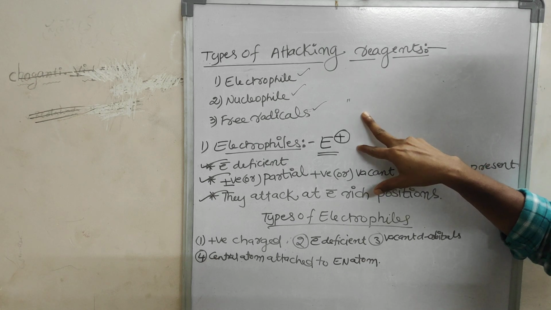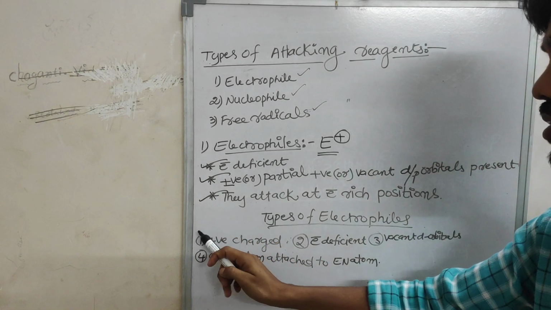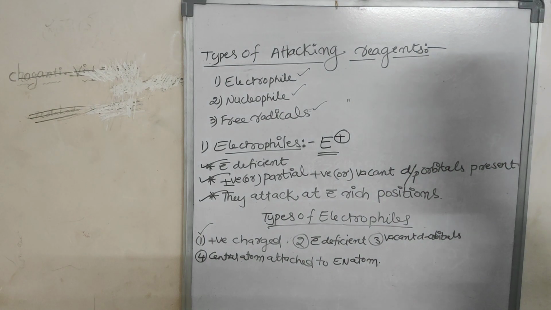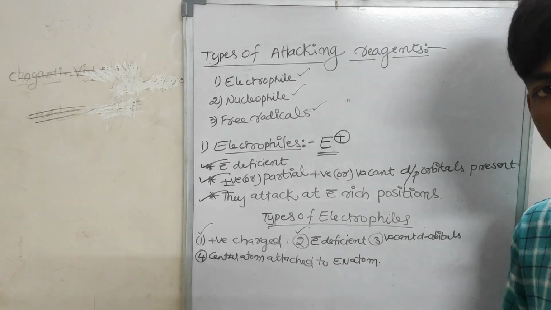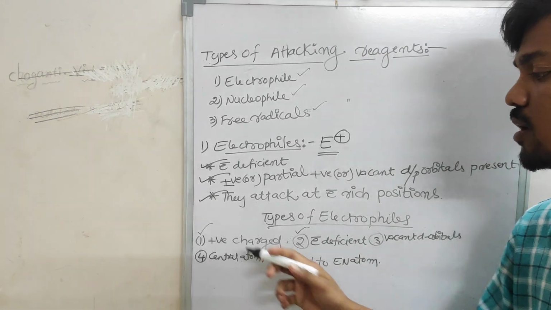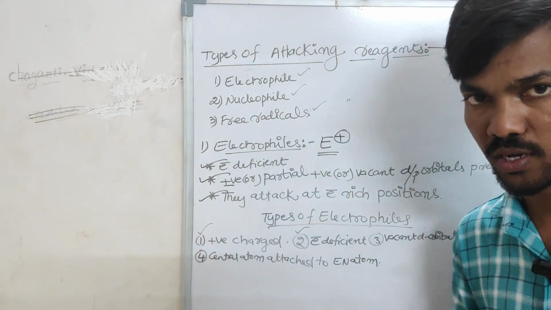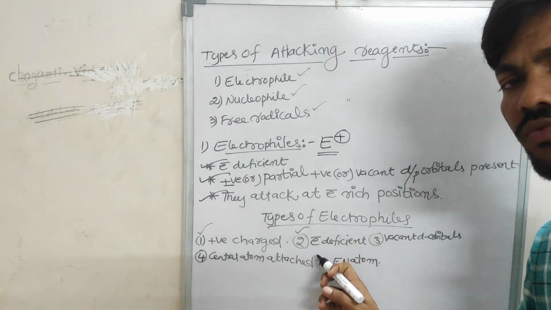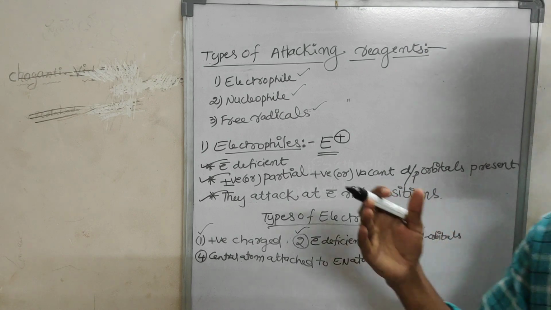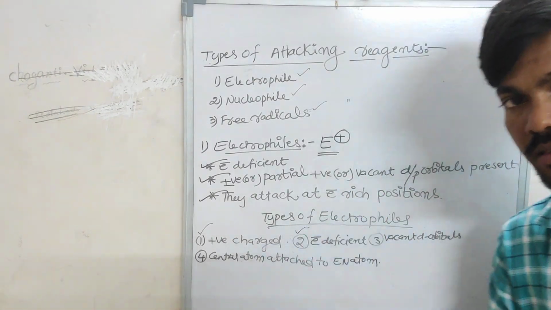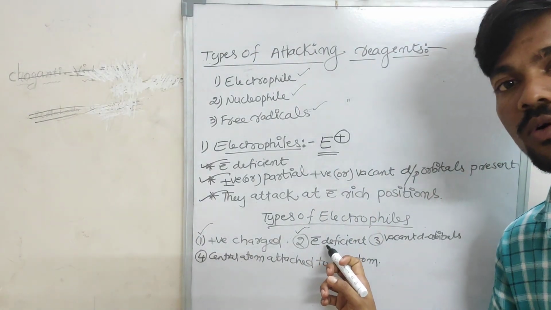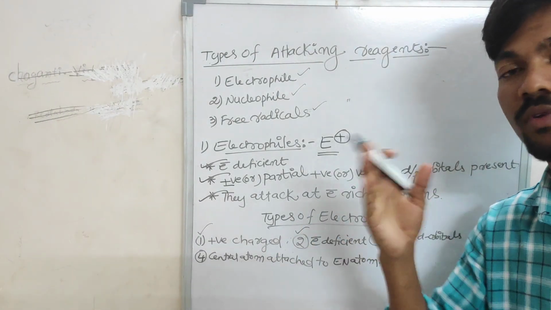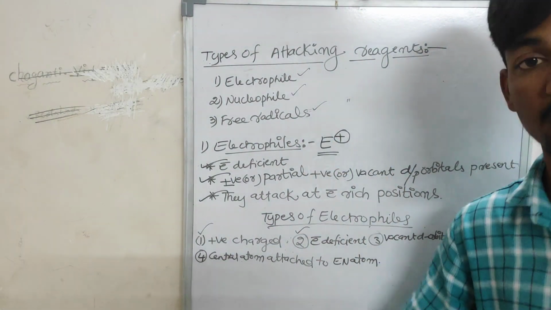Some compounds show a positive charge, while in other electron deficient compounds the d and p orbitals are vacant, so they will not show a positive charge at that position. If positive charge is not there, we might think it is not an electrophile, but it is.